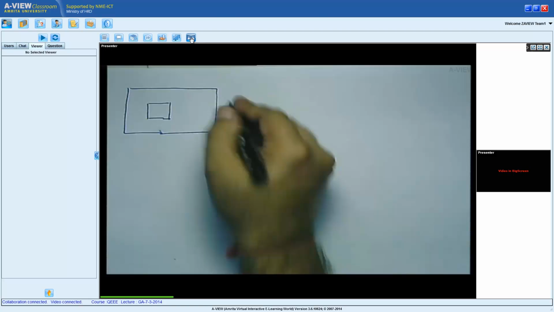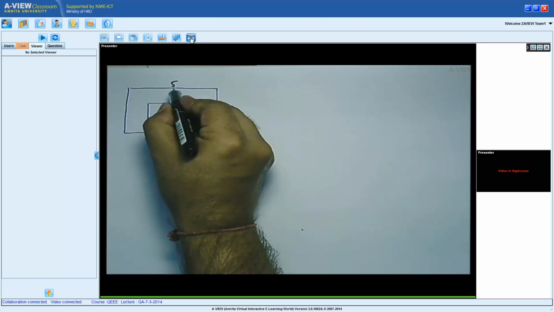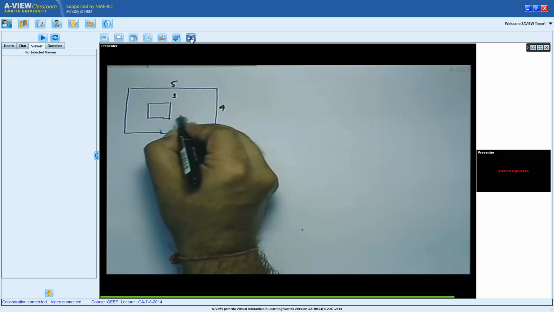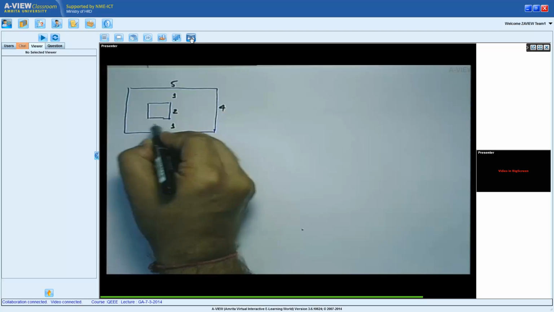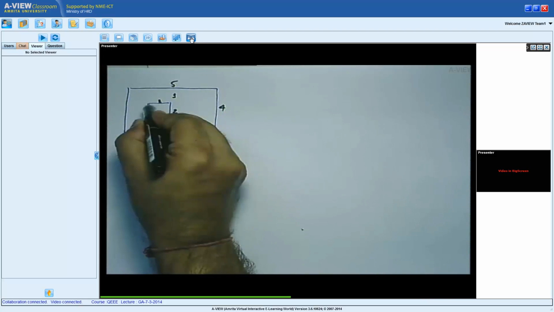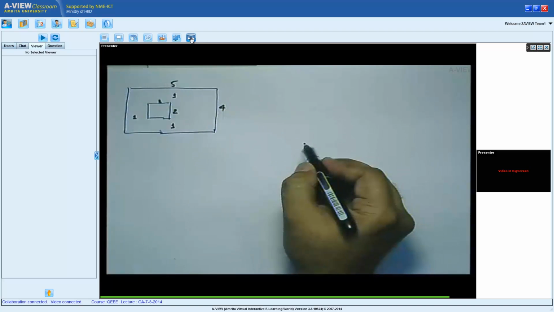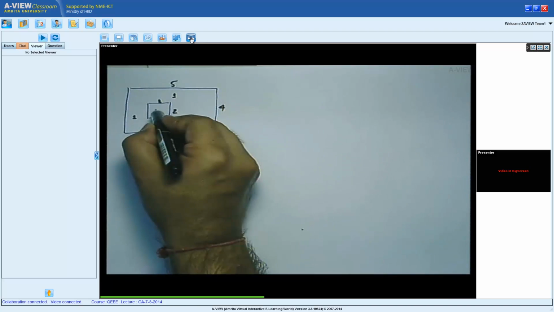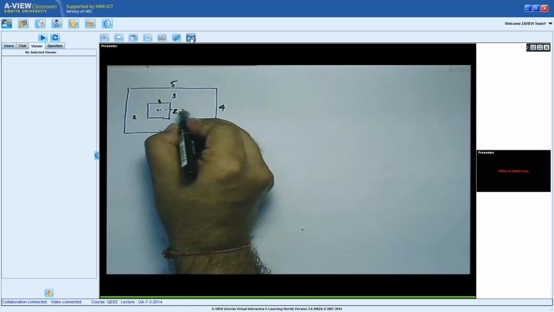I'll just jot down the dimensions: it's 4 meters, 5 meters. This whole thing is 1 meter, that's 2 meters. 1 meter is this, 2 meters is this thing, and 1 meter is this dimension. This is the point you're interested in. We said we are going to divide this into areas.